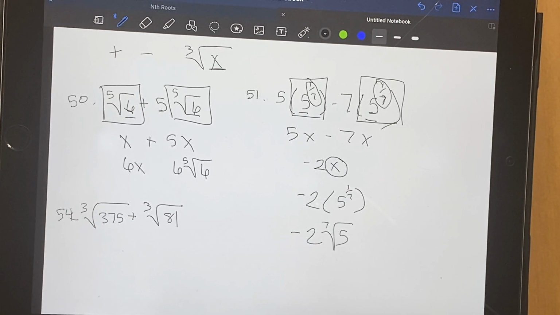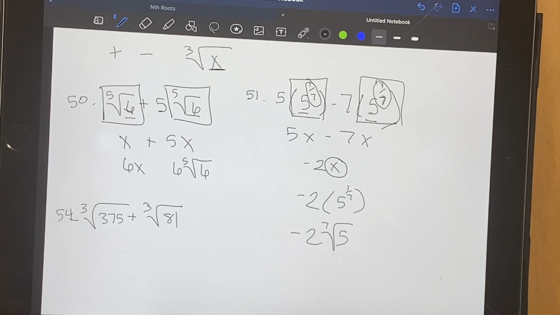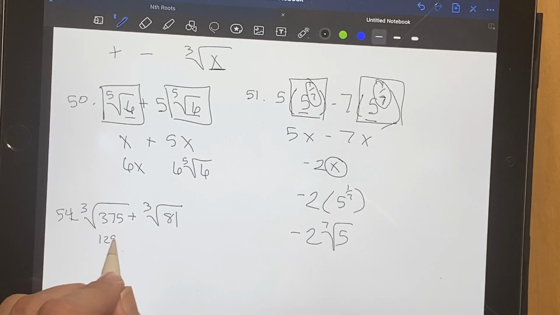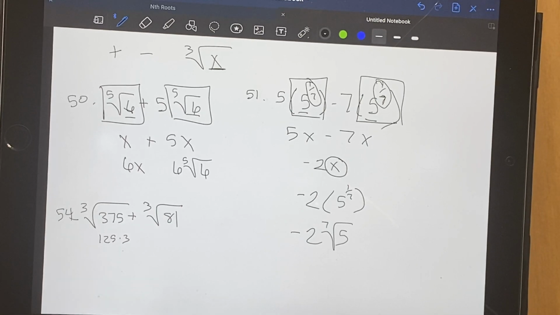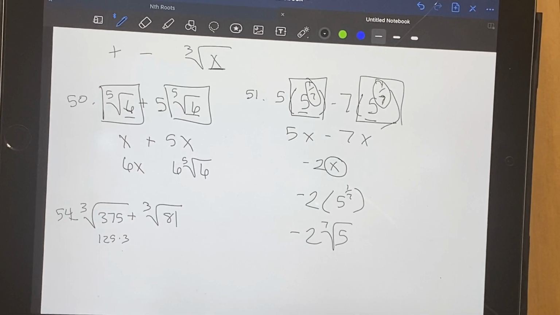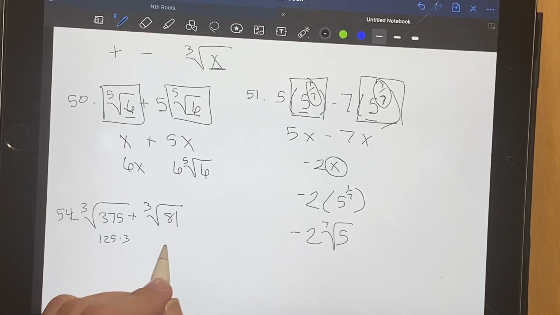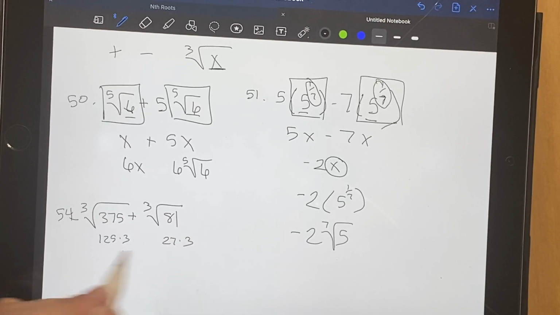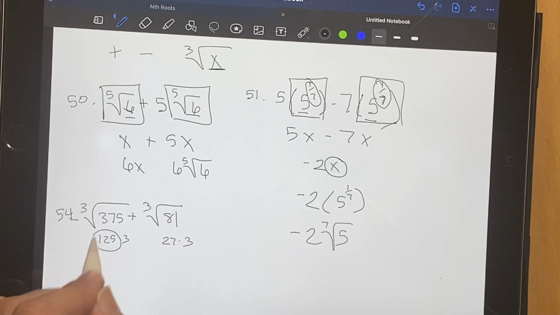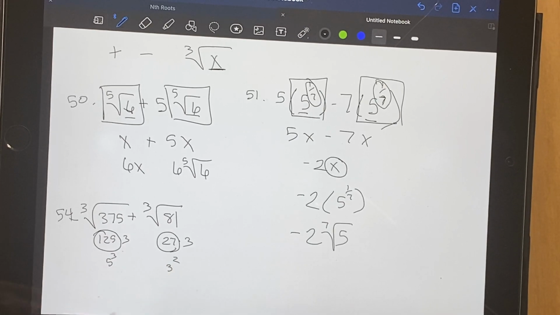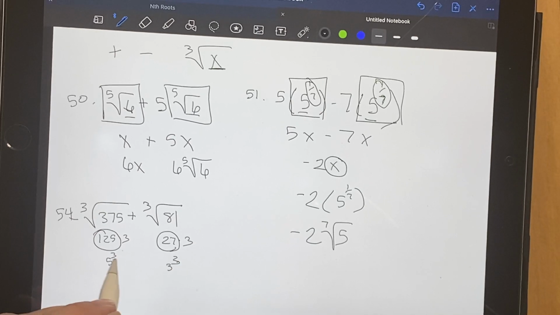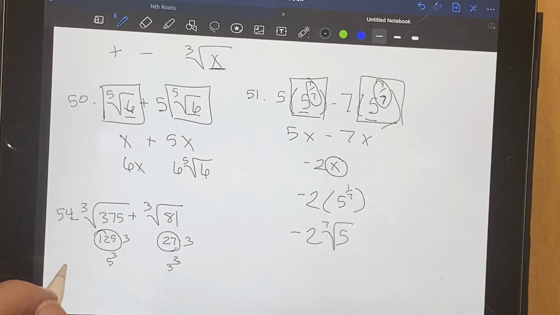So 375 divided by 3 is 125 times 3. 81 divided by 3 is 27 times 3. And I know 125 is 5 cubed, and 27 is 3 cubed. That's why it's important to know our squares and our cubes.